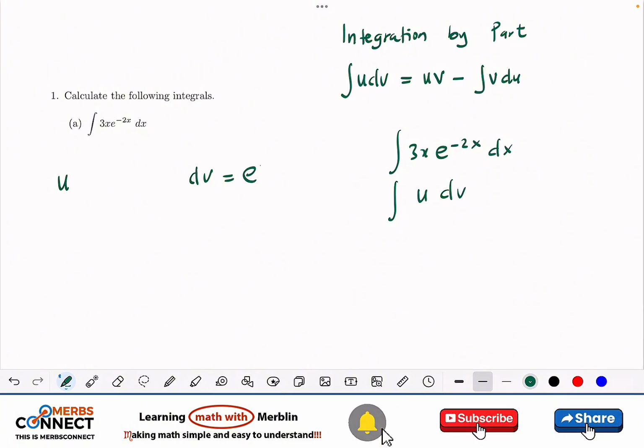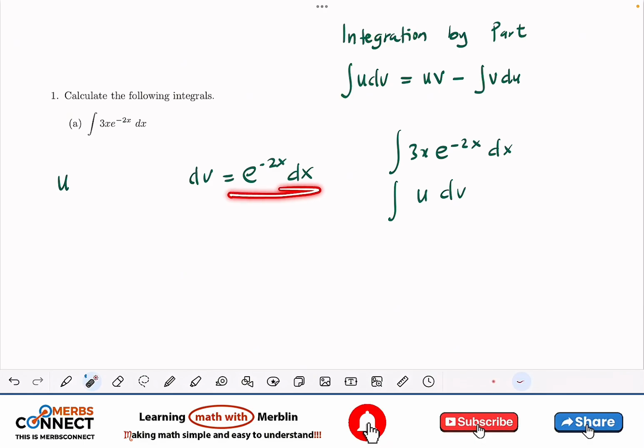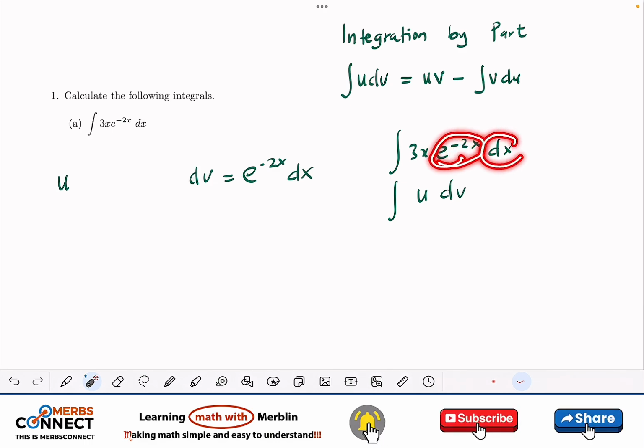So this one will be e to the power minus 2x dx, always. This is good for you to do, because anytime I have an exponential function, I pick the exponential function with dx.